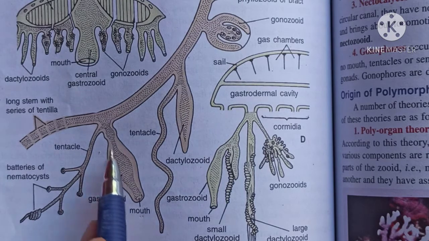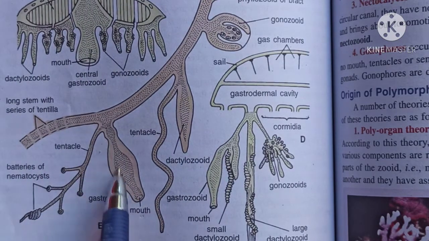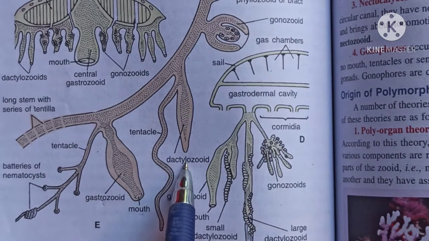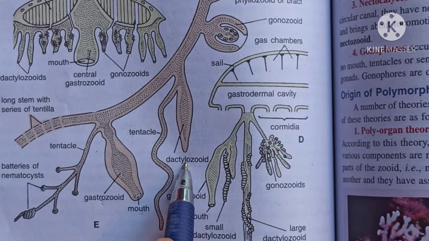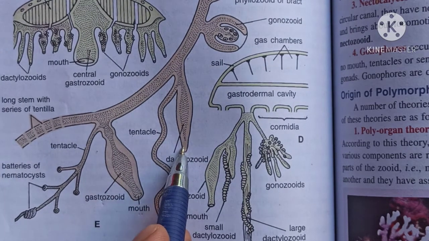The important function of this zooid is that it helps in the digestion of liquid food. The second polypoid zooid is dactylozoid. As you can see, it has no mouth.